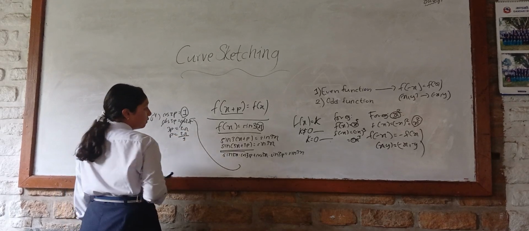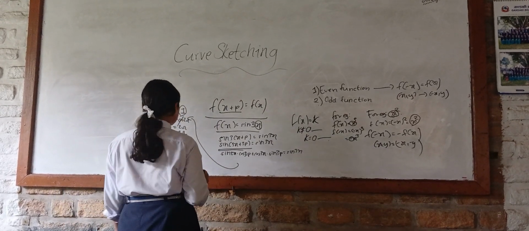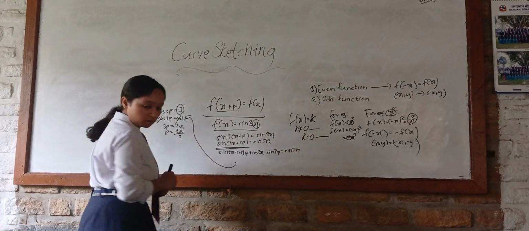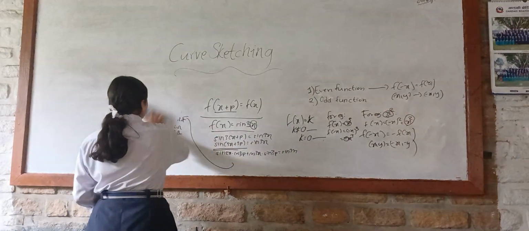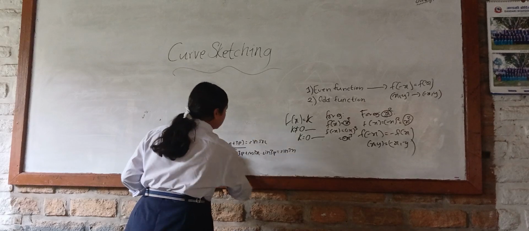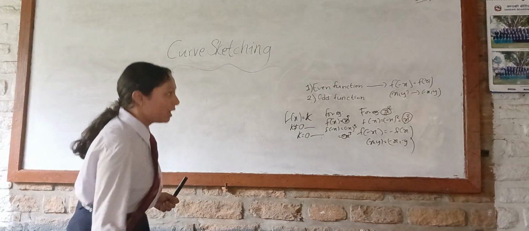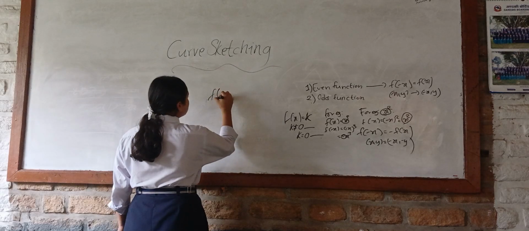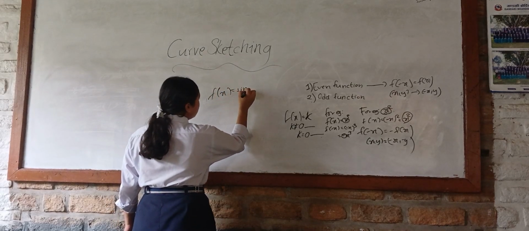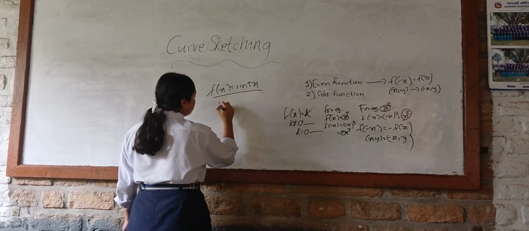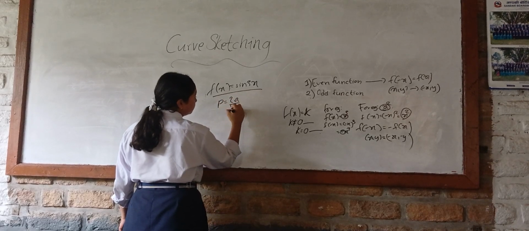So the period of the function sin 3x is 2 pi by 3, and if we have to test the period of a function sin 3x, then we can just find the period by using this formula.